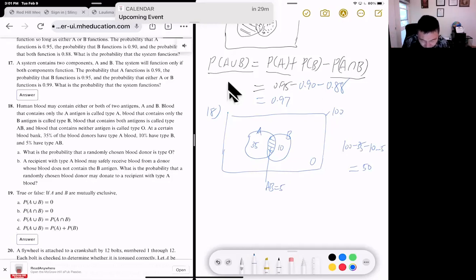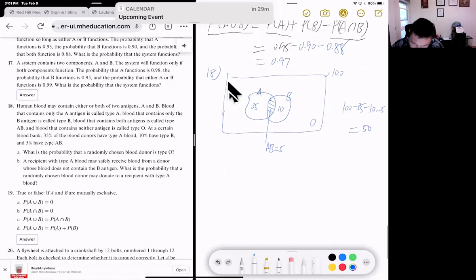What is the probability that a randomly chosen blood donor is type O? So P(O) is 1 minus P(not O), or the complement of O. So that would be 1 minus P(A) plus P(B) plus P(AB).